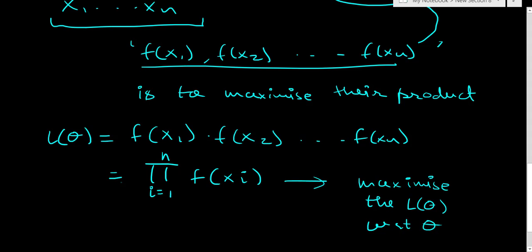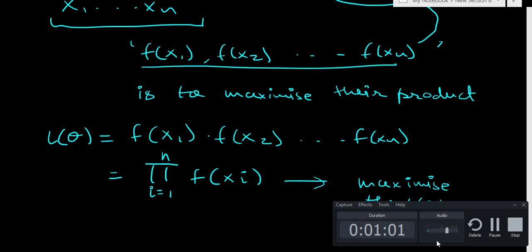So that is how we maximize the likelihood function, and now we'll see how we do it practically and find the values for the estimate of theta.